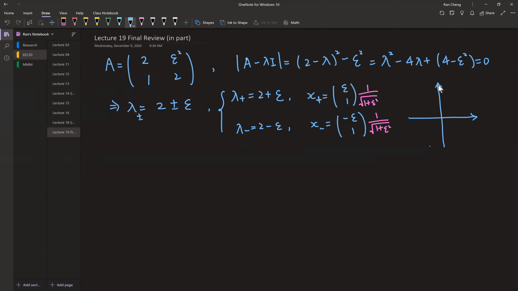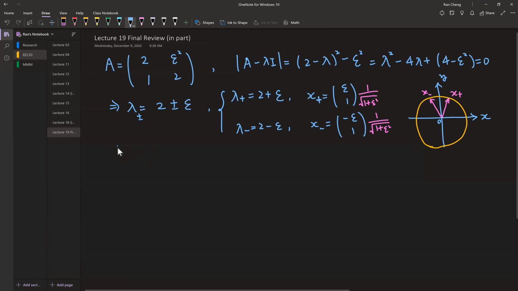Then if we plot it, let's say this is x and y, then these two eigenvectors, let's draw a unit circle after normalization. So this is a unit circle. And let's say epsilon is positive. For positive epsilon, this is my x plus, and this is my x minus.